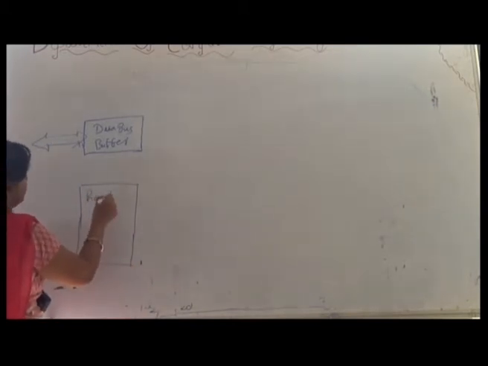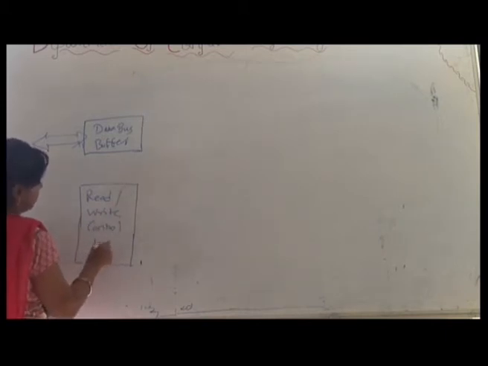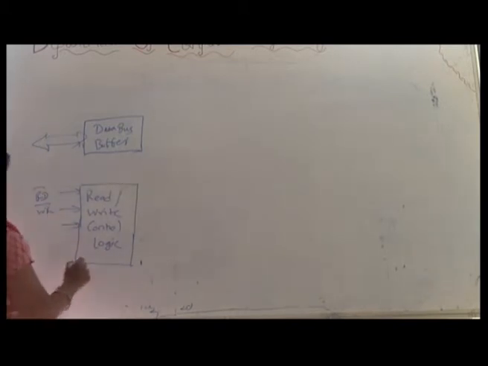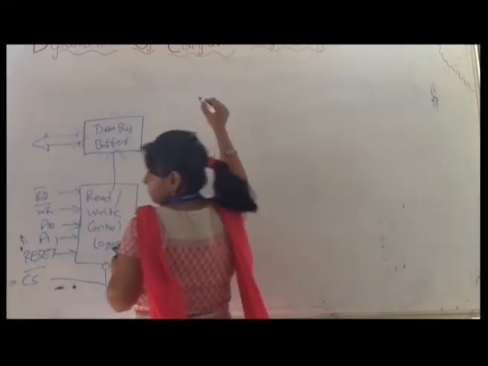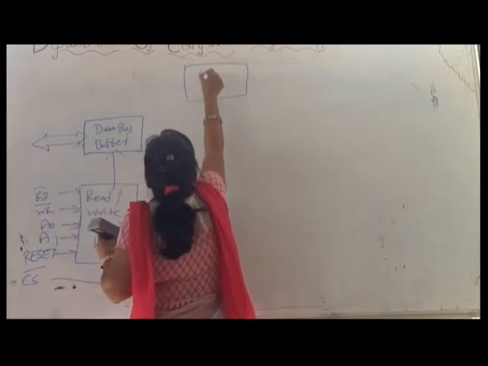The read write control logic block has the inputs read, write, chip select, A0, A1 and reset. Then it's a group A control.